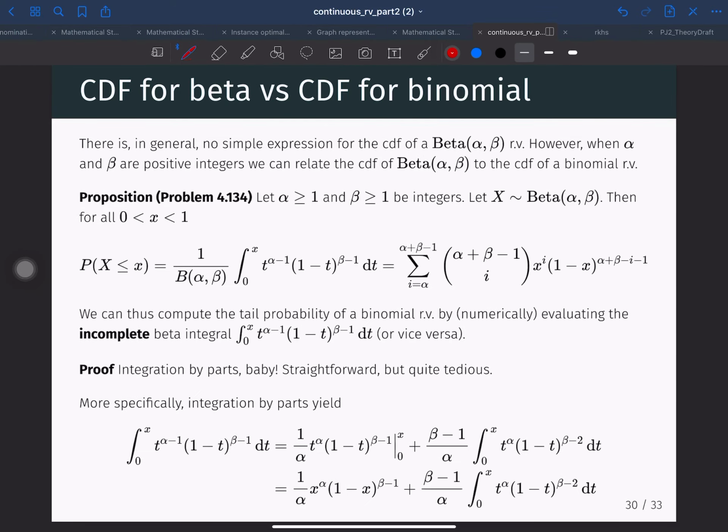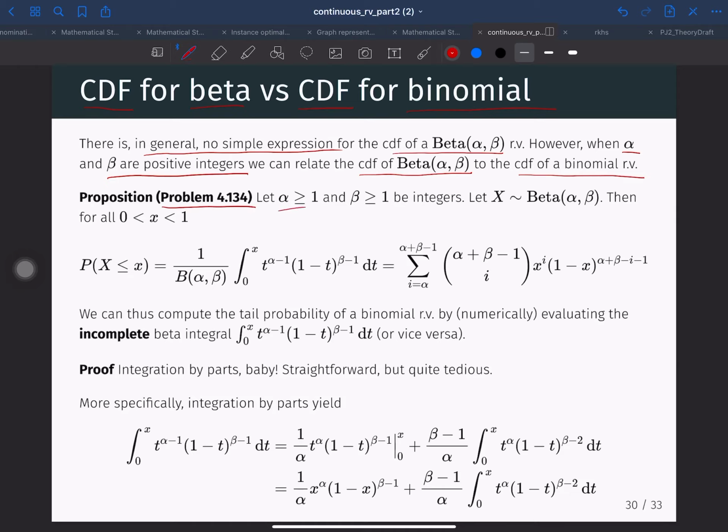Okay, so our last topic for chapter 4 will be the following relationship between the CDF, the cumulative distribution function for a beta random variable, versus the cumulative distribution function for the binomial. In general, there are no simple expressions for the CDF of beta alpha beta. However, when alpha and beta are both positive integers, we can relate the CDF of beta to the CDF of binomial. So in particular, we have this proposition, which is problem 4.134 in your book.